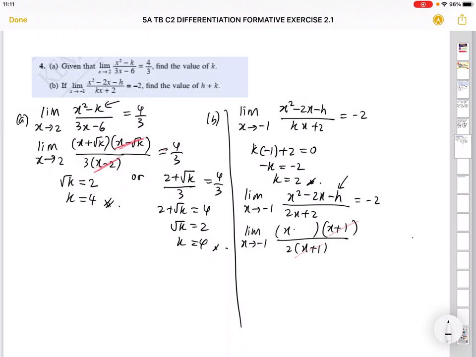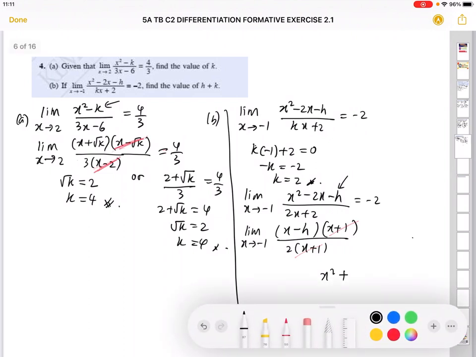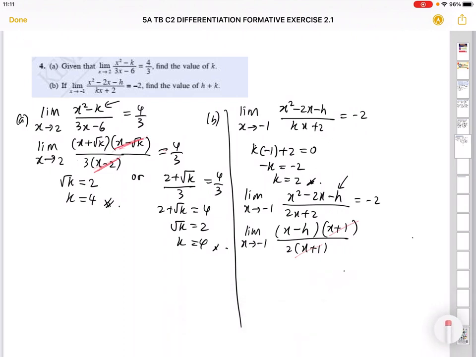Am I right? So that when you expand, you should get x squared plus, okay, I'm just going to write this straight here. So when you compare your numerator, the one on top, x minus h and x plus 1 must be x squared minus 2x minus h. So when you expand, you will get 1x minus hx minus h.